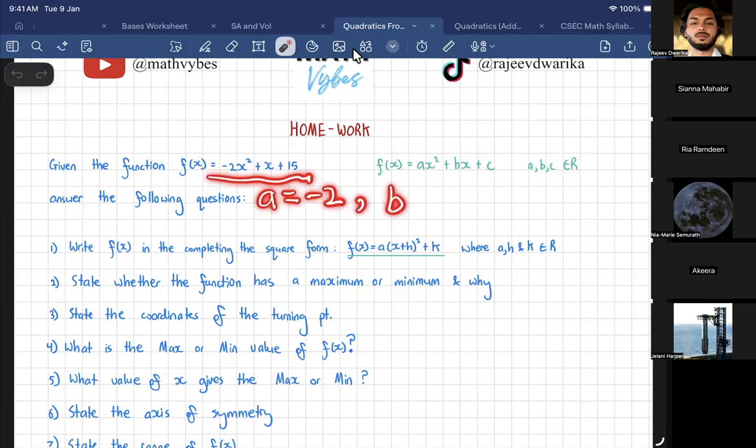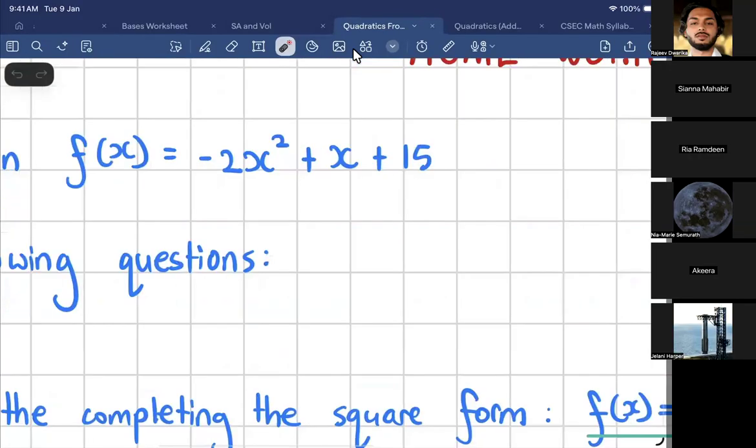What is b? 1. x. Nia, you say 1, yeah, 1 is correct. Let me step back a bit. How many x's do you see in here? 1.